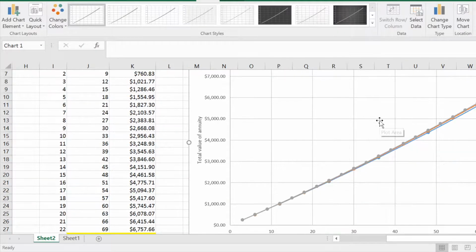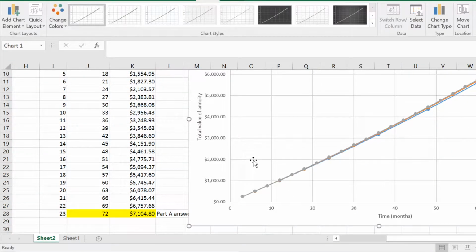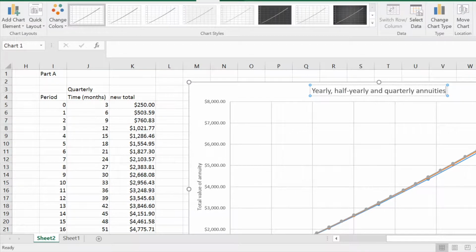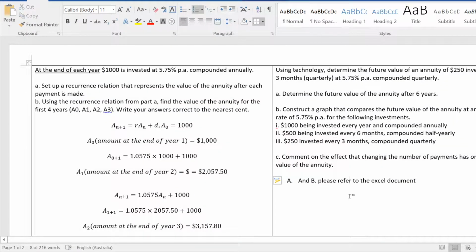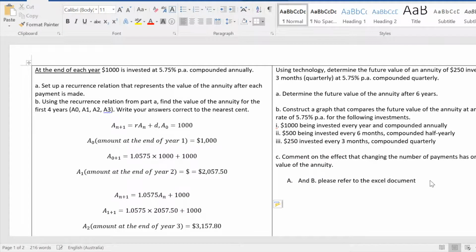I'll have this saved and I will add it to that style page for you. Okay, what we're going to go and do now is answer part C. So that should be C. There we go. Comment on the effect that changing the number of payments has on the future value of the annuity.